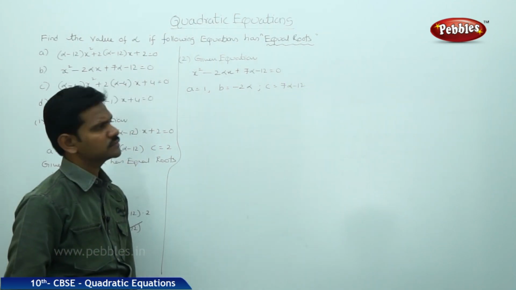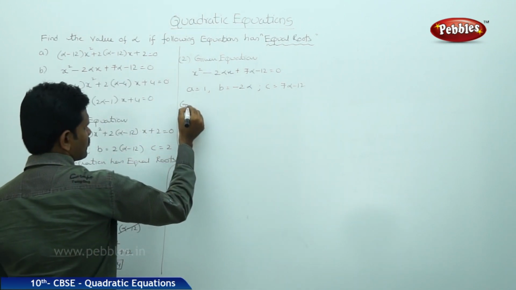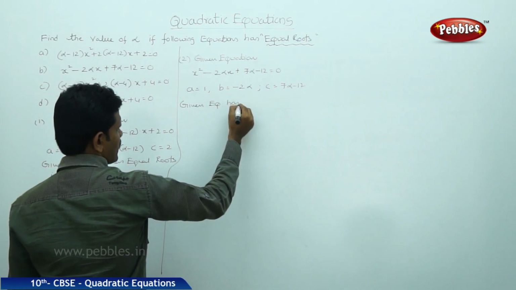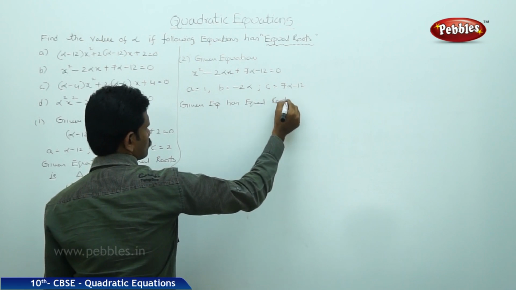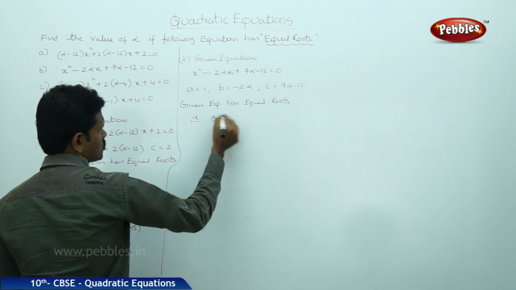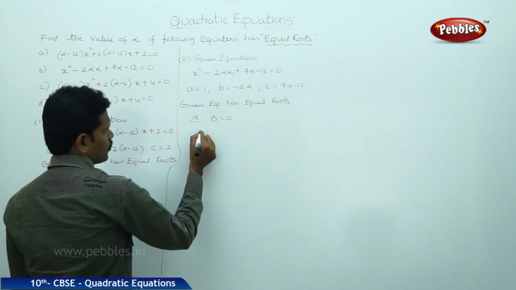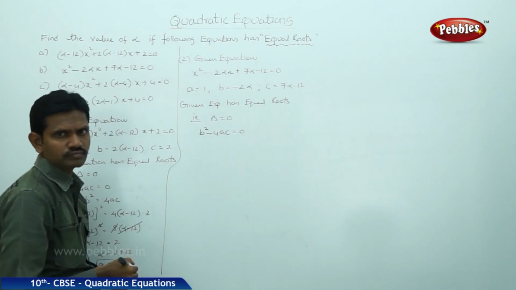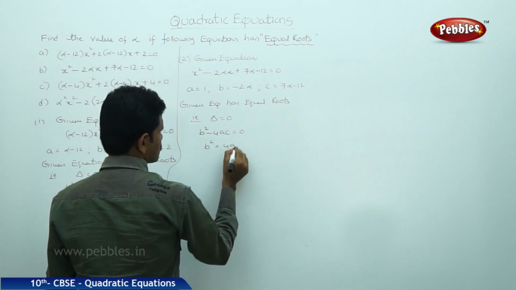That is a constant. Now, given equation has equal roots, that is delta equal to 0. Now, b square minus 4ac is equal to 0. B square is equal to 4ac.